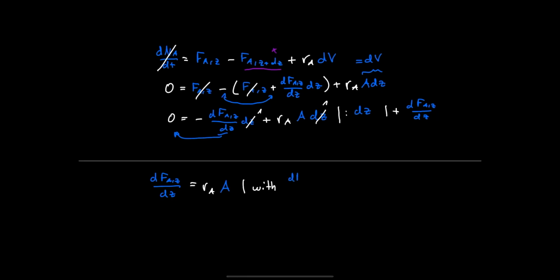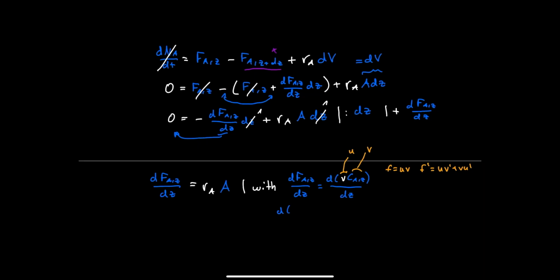The change of Fa with respect to z is equal to the change of the volumetric flow rate times the concentration of the species A at position z with respect to z. If we have a function which consists of a product uv, the derivative is going to be equal to u times v derived plus v times u derived. This is known as the product rule. Let's say this term is u, and this term is v.